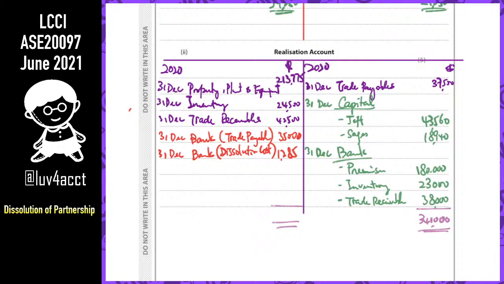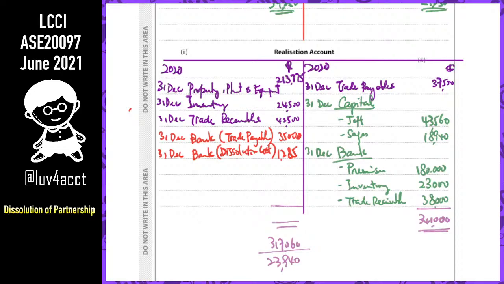So here total 317. So total we have 23,940 as the dissolution loss.